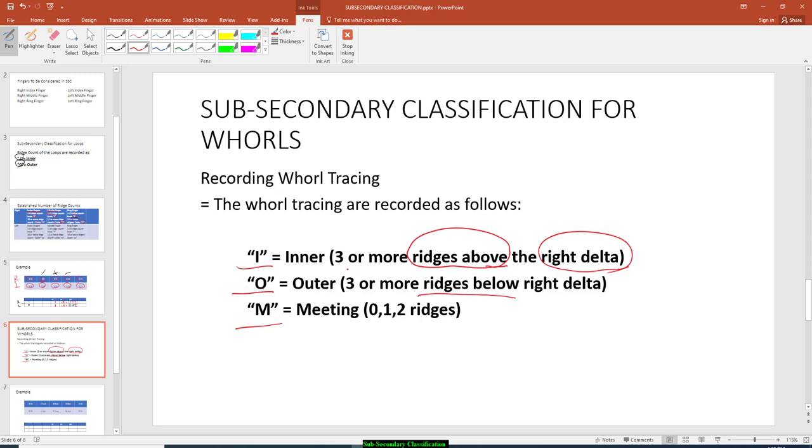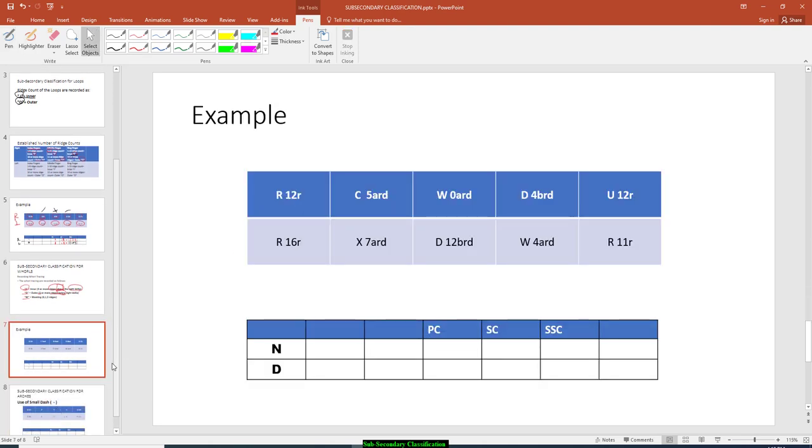If it is 3 or more ridges above, it will be inner with capital letter I. If it is 3 or more ridges below right delta, then it will be capital letter O, which means outer. Okay?